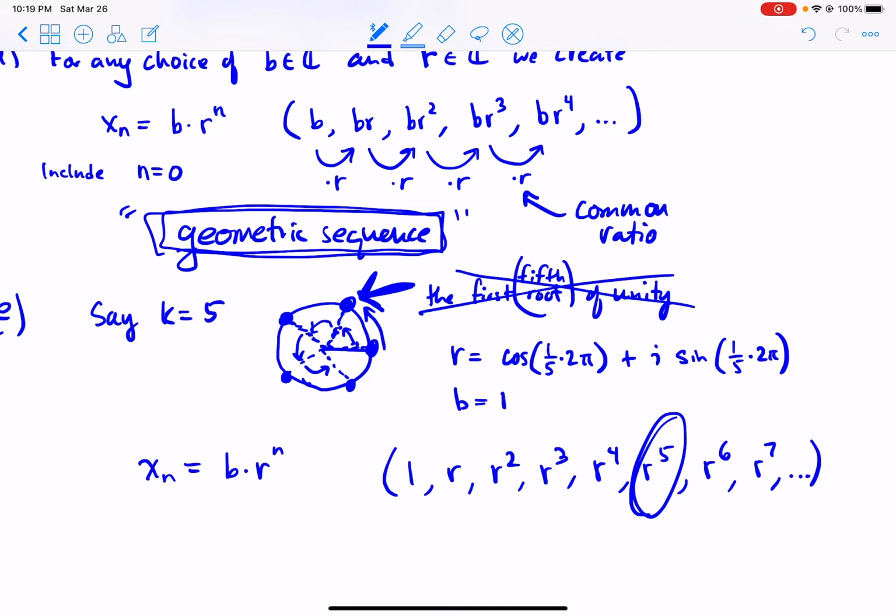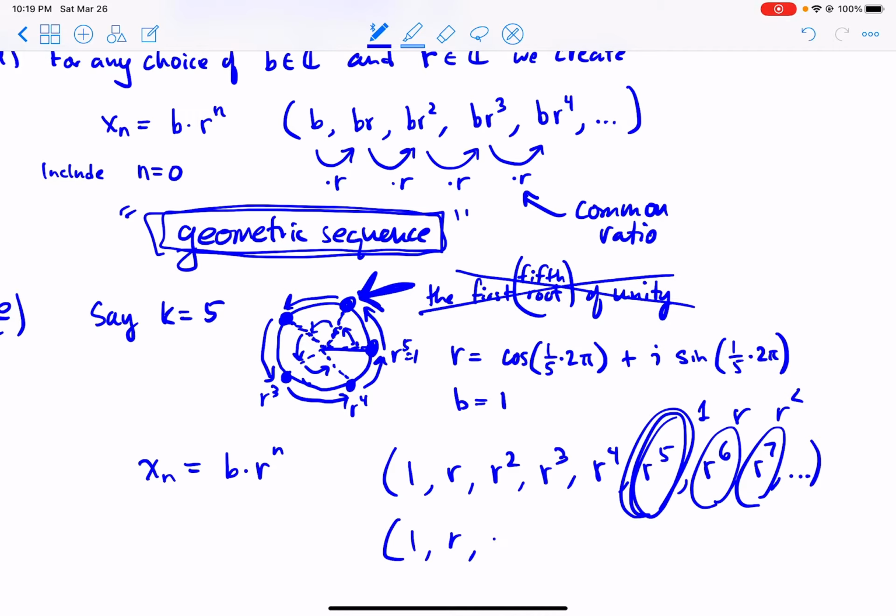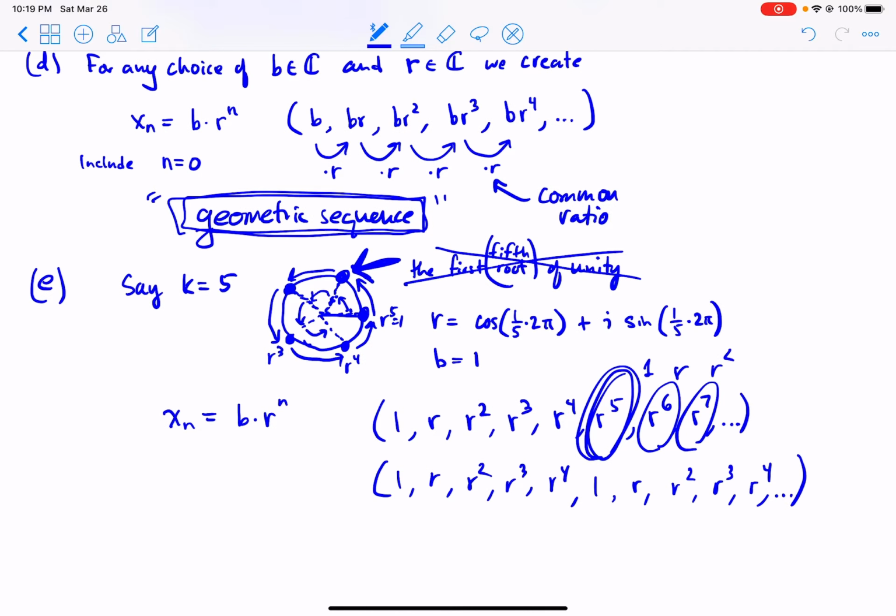That's back at 1. And so if I wanted, I could write a 1 here, an r here, and an r squared. So this is also this sequence, when I choose this value of r.